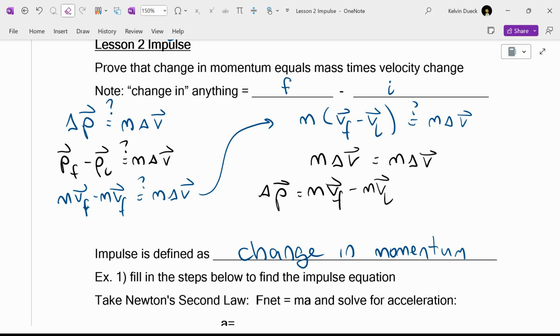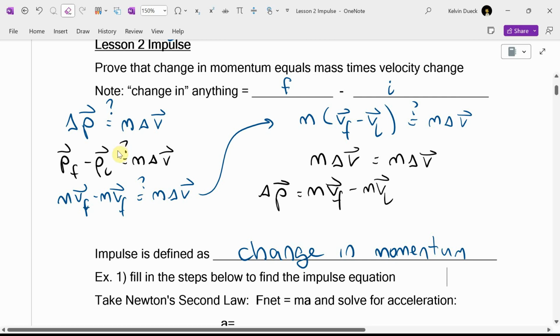So one way to find impulse, one way to find change in momentum, is to go mass times final velocity minus mass times initial velocity. How do I know I'm going to use that? If they give me a final velocity and an initial velocity and a mass, which sounds kind of Captain Obvious, but don't overcomplicate it. If they give you a mass and a V final and a V initial and they say find the impulse, you can do that. But there's another way to find impulse.